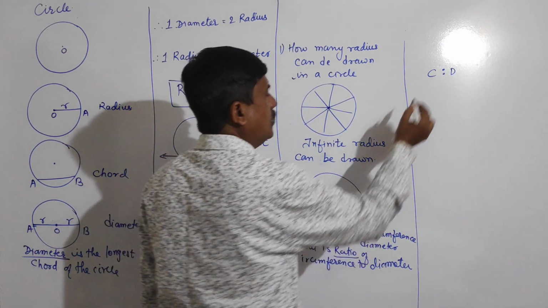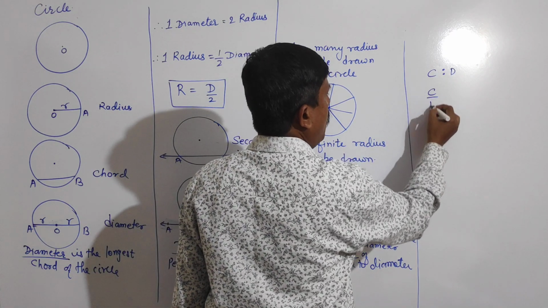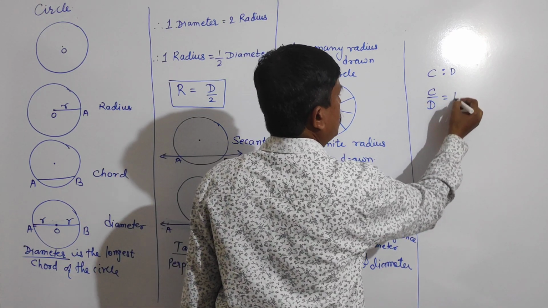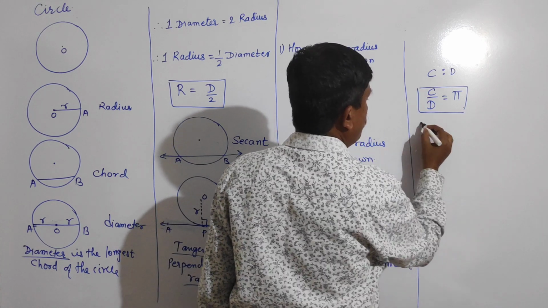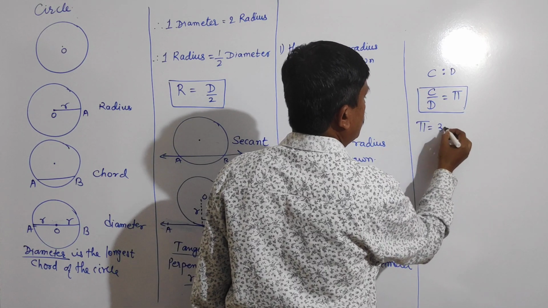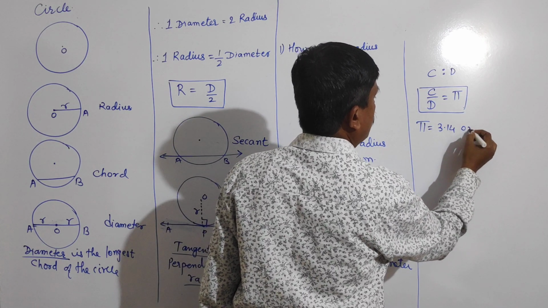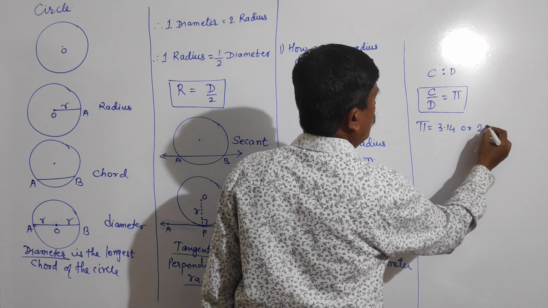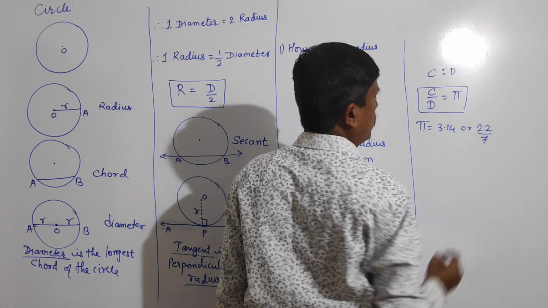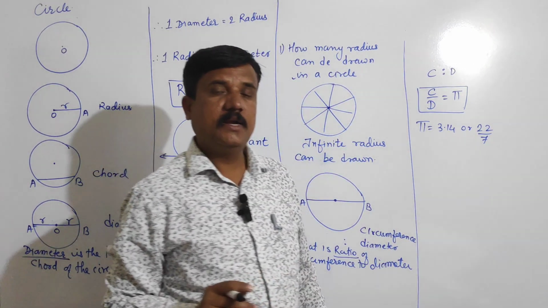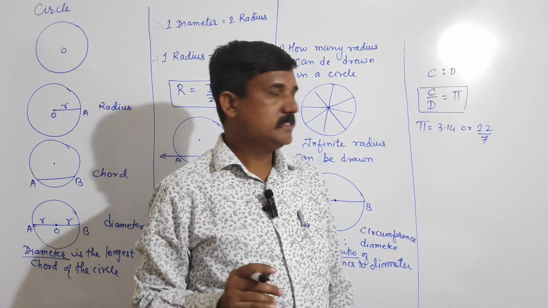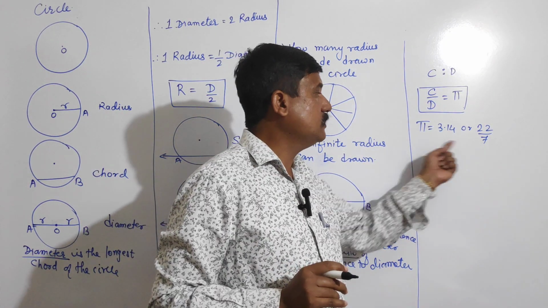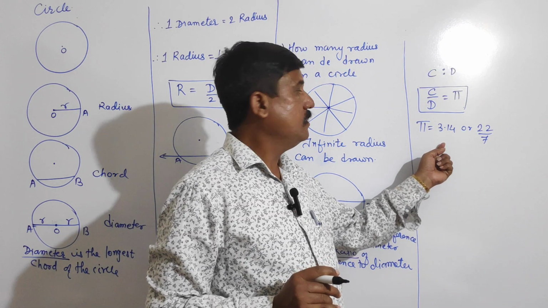The two dots mean C upon D, divide. This is nothing but pi. The ratio of C upon D is pi, where pi is equal to 3.14 or 22 upon 7. This pi is nothing but 3.14 or 22 upon 7, right?